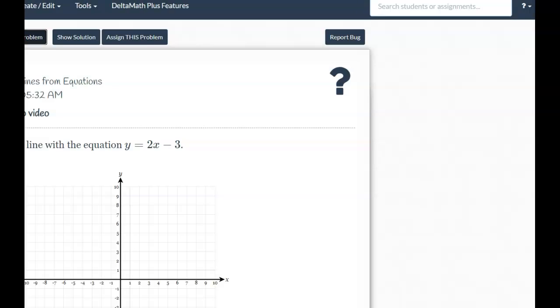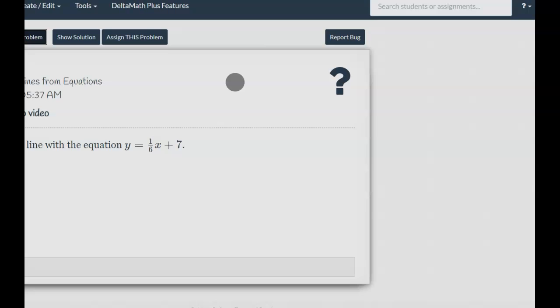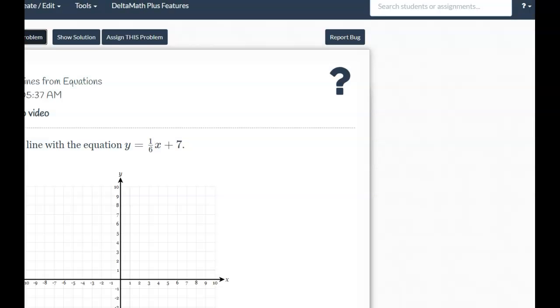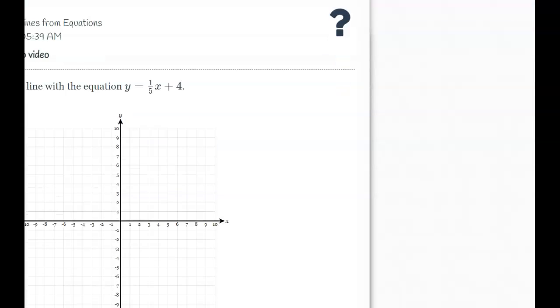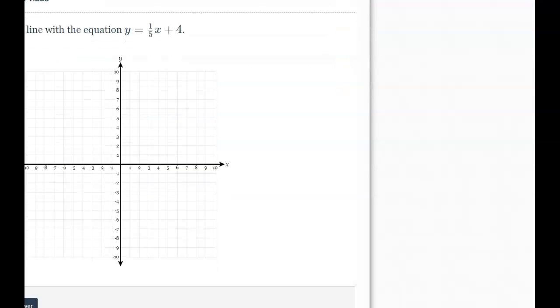Let's do one more. Let's try one that gives us a fraction. Ooh, I like this one. All right. So the y-intercept is 4. Start at 4. The slope is 1 over 5, which means up 1 and over 1, 2, 3, 4, 5. So up 1 over 5.